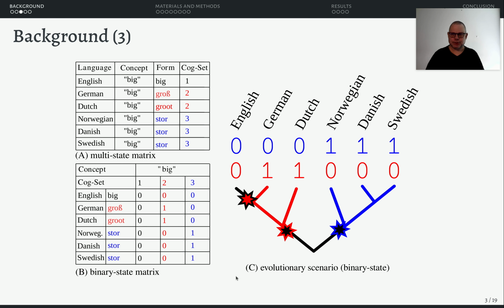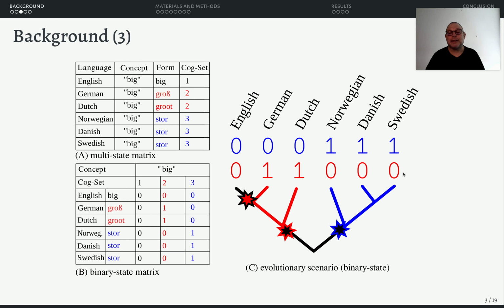Then everything is arranged in a binary matrix with languages as rows and cognate classes as columns, and each column is modeled in a tree as a sequence of gain mutations and loss mutations. For the red vector here, we would assume one gain mutation here and a loss mutation here.